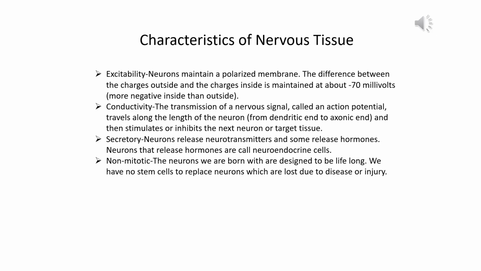Those neurons are designed to stay with us lifelong, so they are unusually long-lived cells. But the drawback there, since we don't have stem cells to replace them, is that they don't undergo mitosis. Any that are lost due to disease or injury, you simply have to live without.